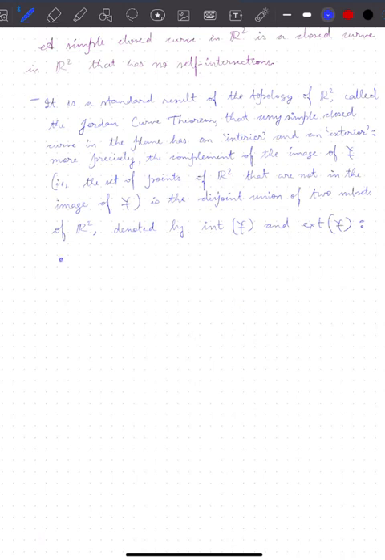And the properties are that the interior of gamma vector is bounded. That is, it is contained inside a circle of sufficiently large radius.